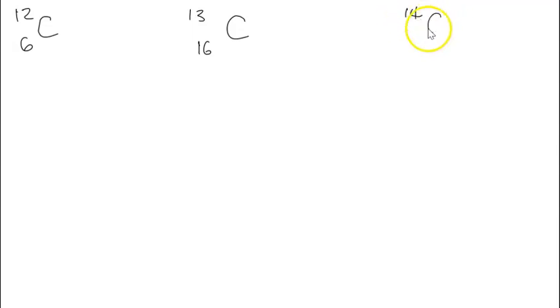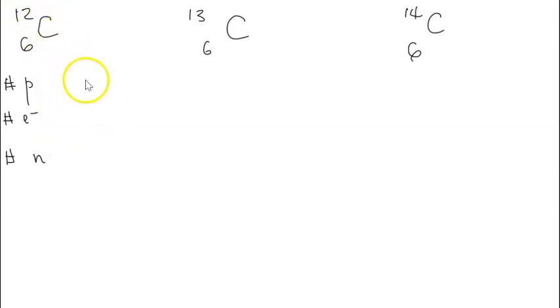Alright, so let's look at another example. Carbon 12, carbon 13, carbon 14. Number of protons, number of electrons, number of neutrons.